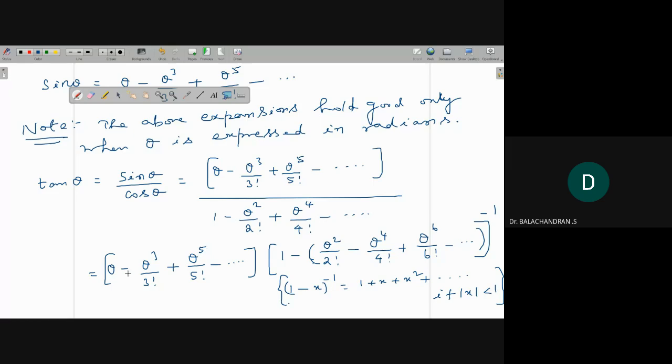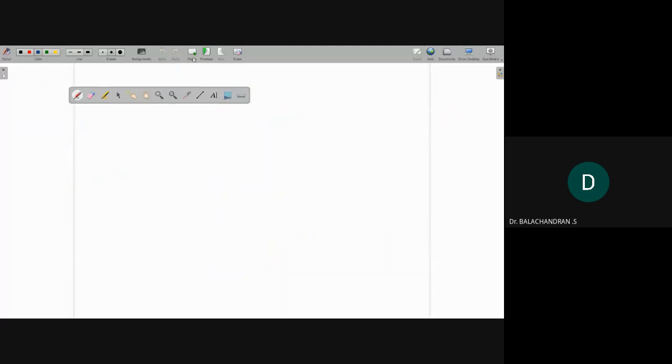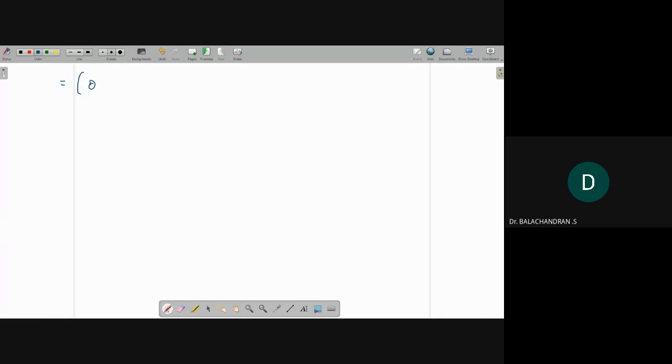So now I just keep this expression as it is in the next line, which is equal to theta minus theta cube divided by 3 factorial plus theta power 5 by 5 factorial minus and so on.